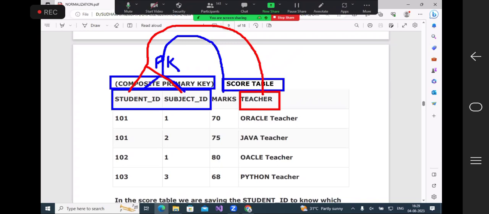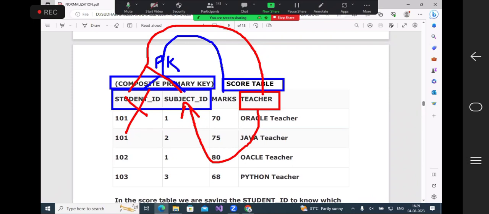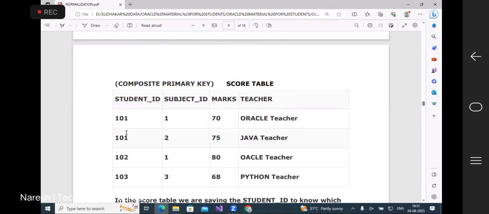So that means student ID and subject ID are both primary keys, but the teacher column depends only on subject, not student, because subject is permanent for the teacher but student is not. So now tell me, is teacher a fully dependent column or partially dependent? Partially dependent.